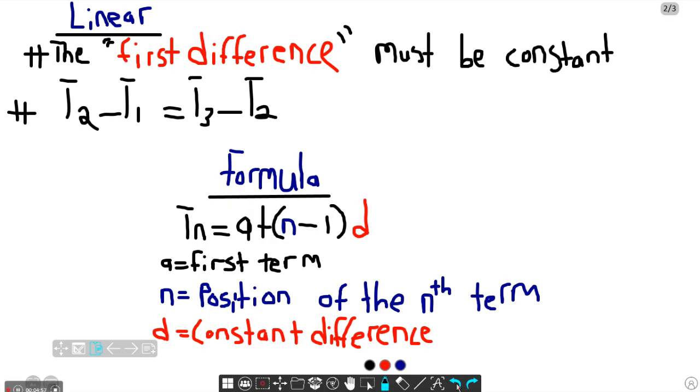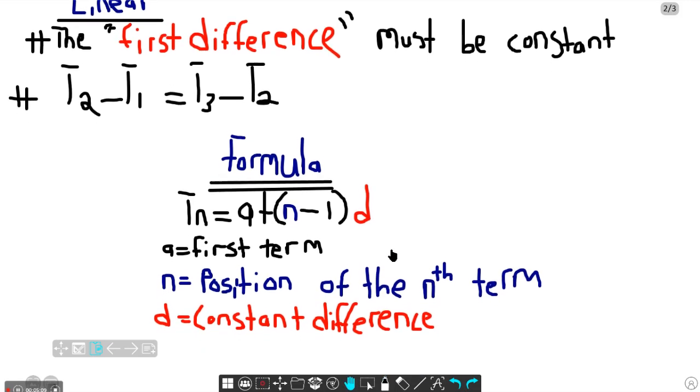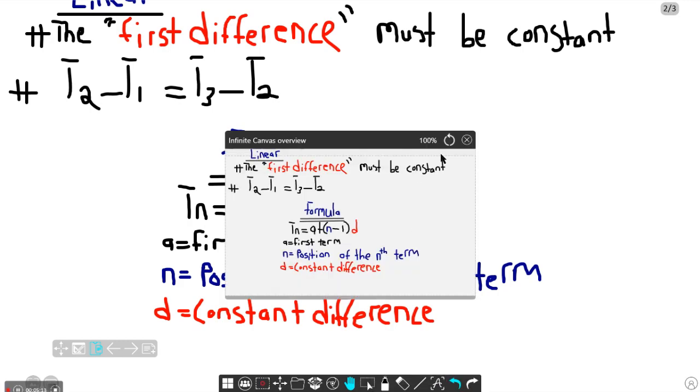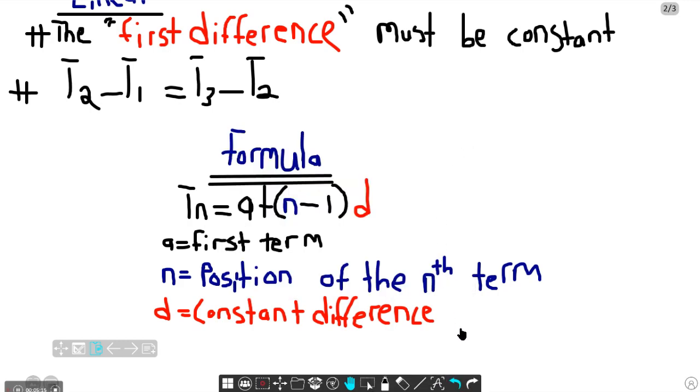n minus 1, times d. Now, in this case, for those who still remember, there's nothing that I've actually changed. It's just that they introduced to us a formal way, right?